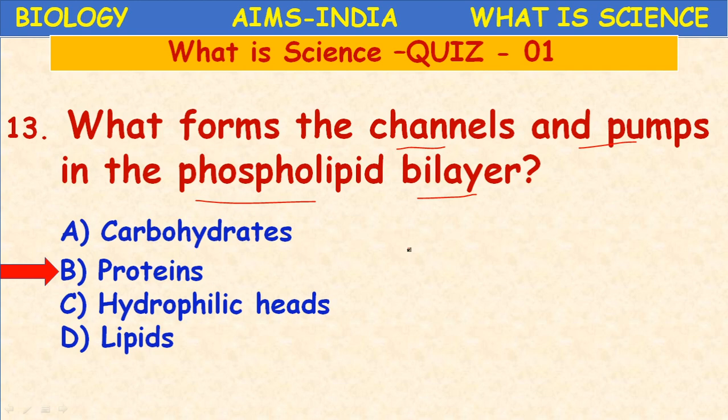Proteins form the channels and pumps in the phospholipid bilayers. Several models have been introduced to explain the structure of plasma membranes. In your higher classes you are going to study different models like the Robertson model. The bilipid layer model is one of the models which we have seen in today's images.